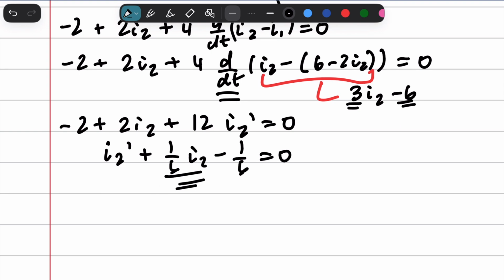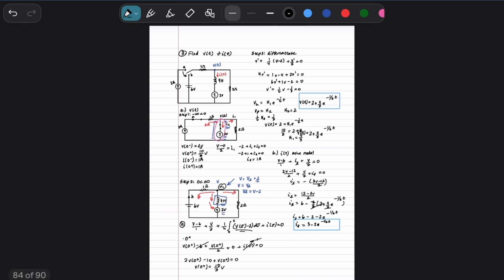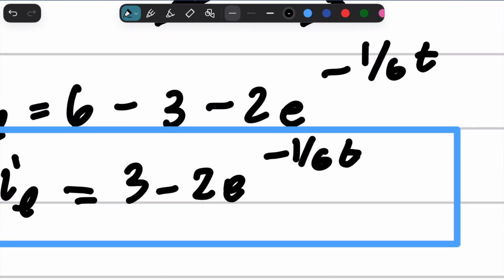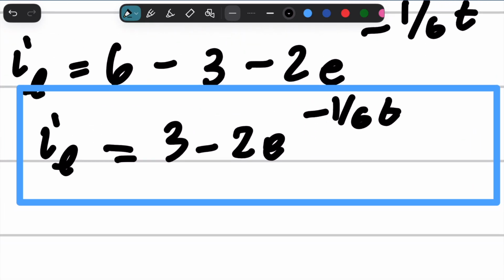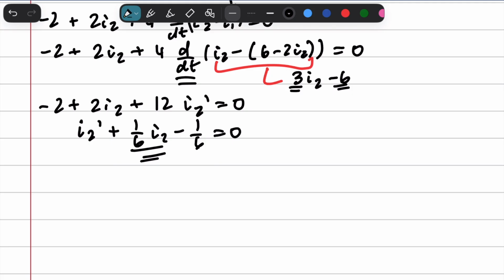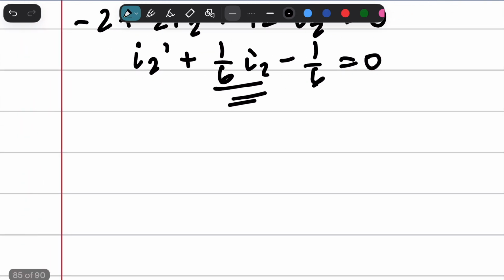And you can see here, you are happy. You are jumping up and down seeing this 1/6 right here, because that 1/6 corresponds to the 1/6 that we found down here. And remember, we're just checking ourselves. We want to find this equation right here. Now, let's go ahead and solve this out.